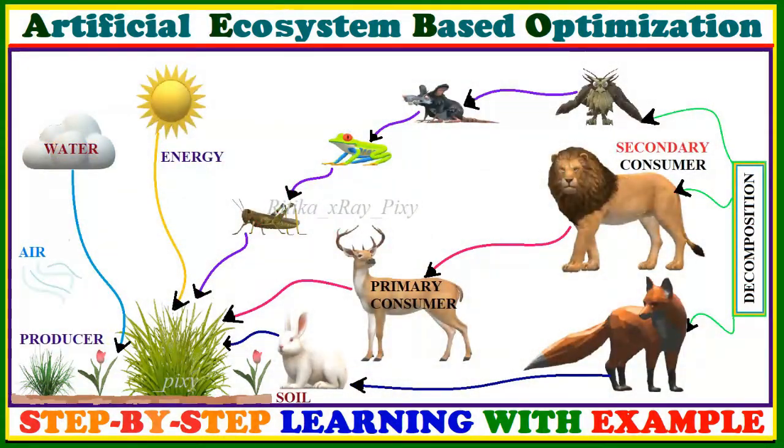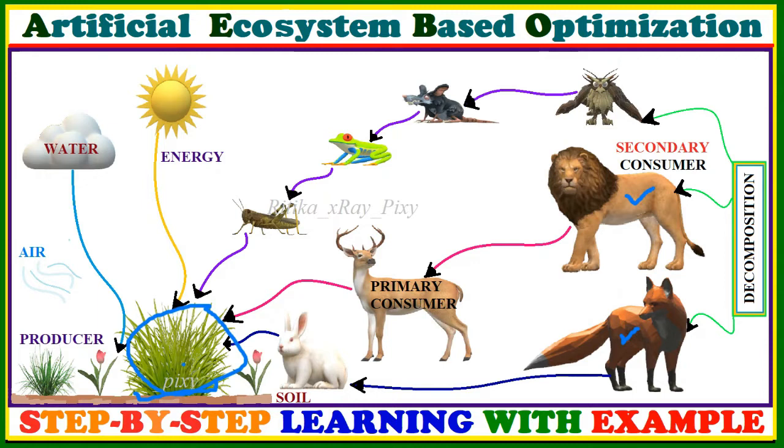Now we will try to understand this according to the artificial ecosystem based optimization algorithm. First we have producers as plants, and you can see primary consumers as grasshopper, deer, and rabbit, and they are dependent on producers for their energy. Next you can see we have secondary consumers. They are dependent on primary consumers for their energy.